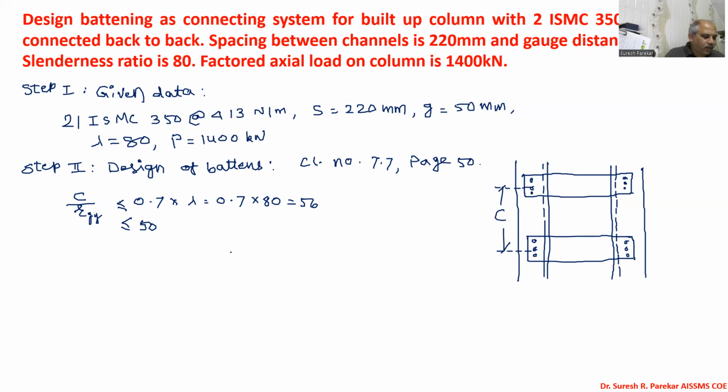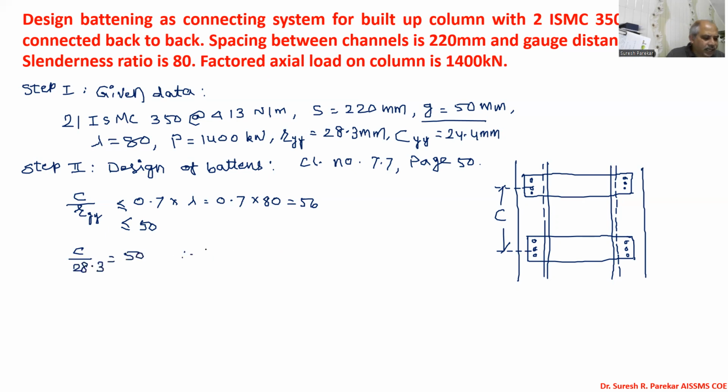Now we know the value of RYY. In the given data, we can also write the properties. RYY is required, 28.3. And we have CYY, which is 24.4 millimeters. These two data are required; G we already have mentioned. So now C upon RYY is, 28.3, and that is equal to 50.